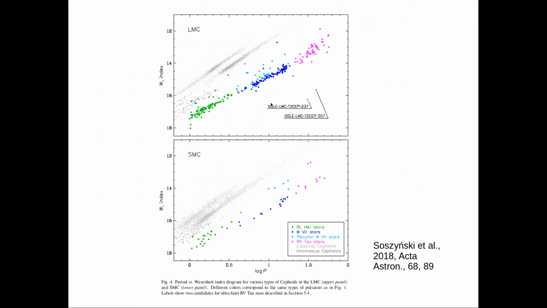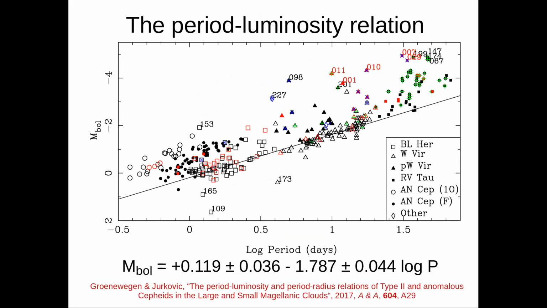So this is how a typical period luminosity relation would look like in Wesenheit index. This is just observed V and I band photometry. But if you look at it with the luminosity, you can see that the period luminosity relation becomes much nicer.